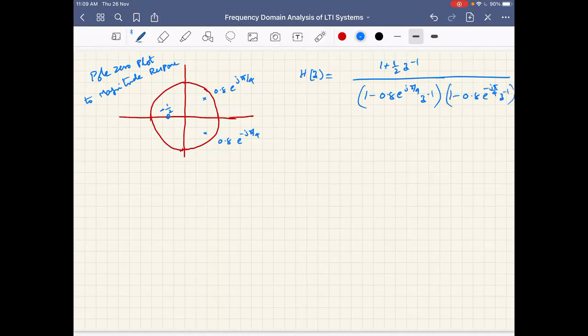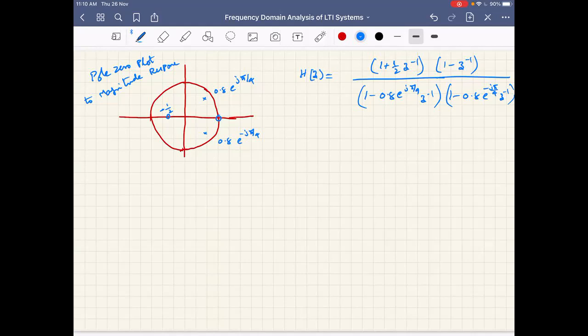For completeness, let us add one more pole on this side. First of all, let us note: is the system stable and causal? Can the system be both stable and causal? The last pole that we added makes it not stable. Otherwise, it is stable and causal.